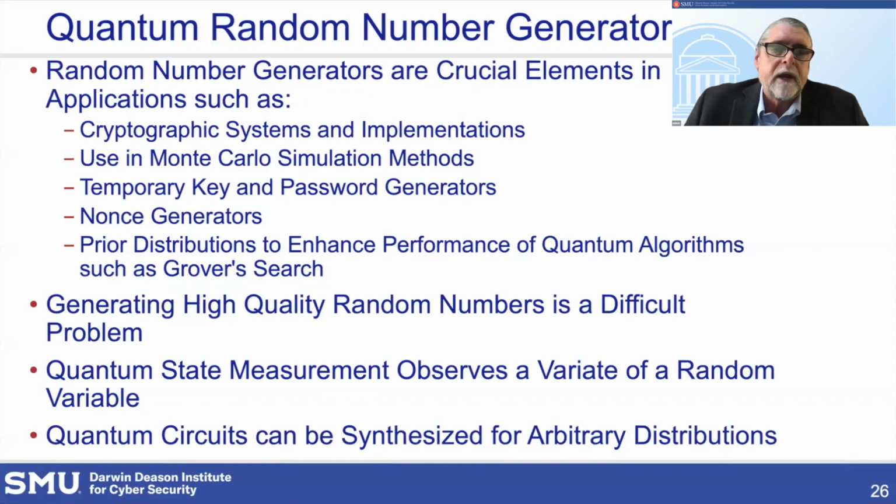You may have used random number generators in Monte Carlo simulators. They're commonly used to generate keys and passwords or nonce and salt values. And in the area of quantum informatics, they can be particularly useful if you have prior information about your data.